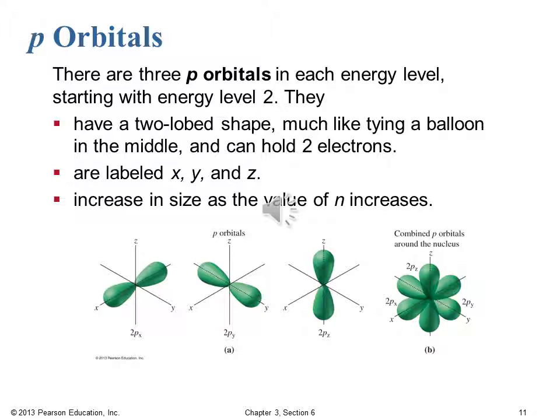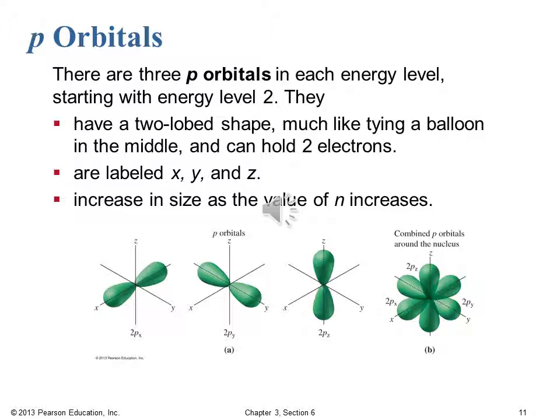Each of those p orbitals can hold 2 electrons, and they're centered along the x, y, and z axis, so that all 3 of those p orbitals come together to give something roughly spherical when you consider the s orbital and the p's. As for d's and f's, I won't show images of those because they get a little complicated, but at least the s's and the p's are simple enough shapes that we can wrap our minds around them.